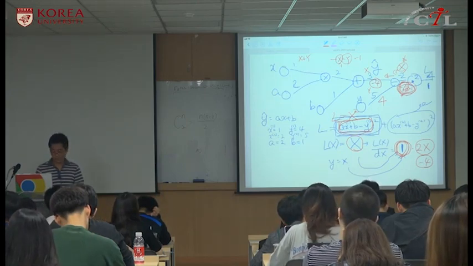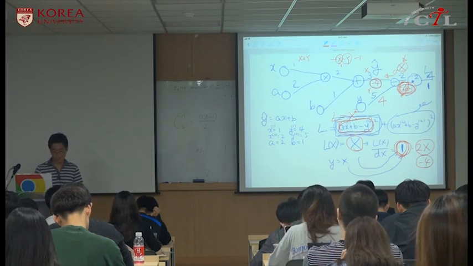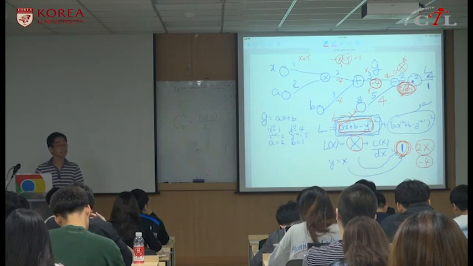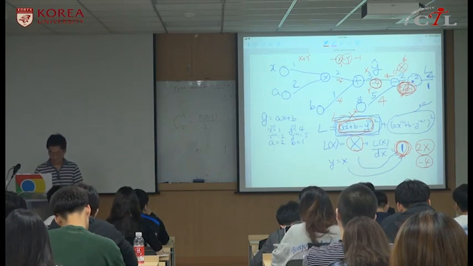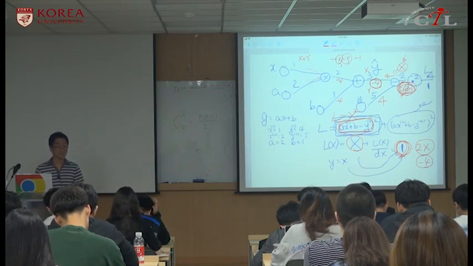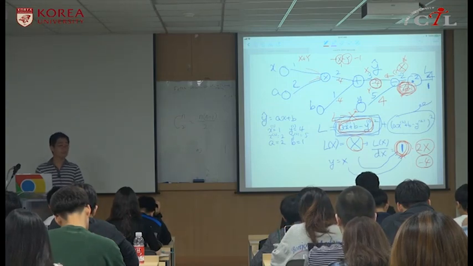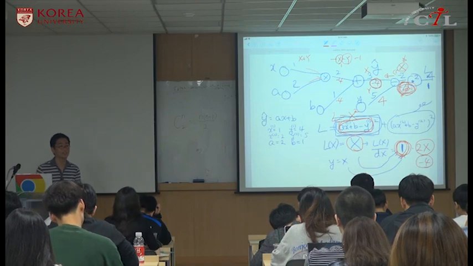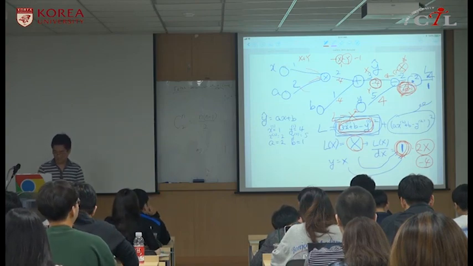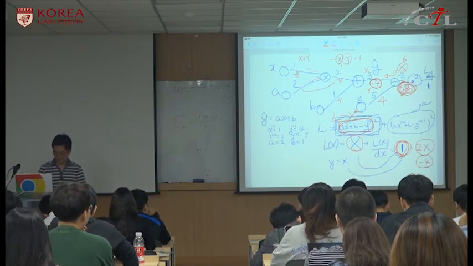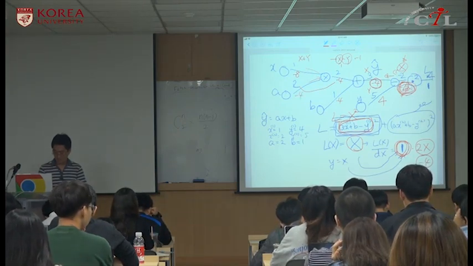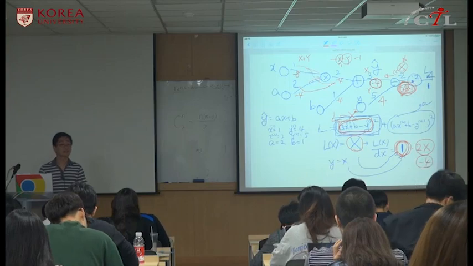So that way, this gradient will be just duplicated as the same value. And in the case of this multiplier, the gradients are switched. Switched. And so it's -8, and then it's -4 because of this guy.